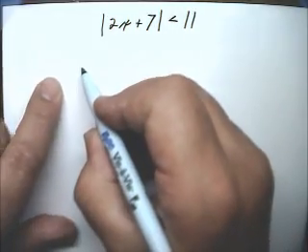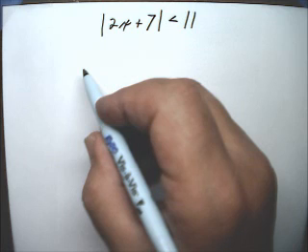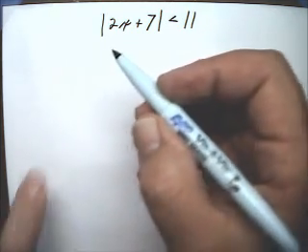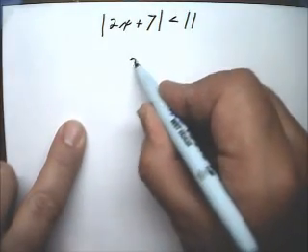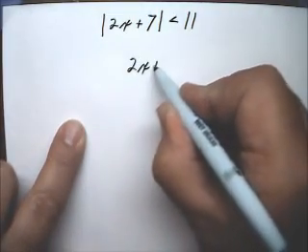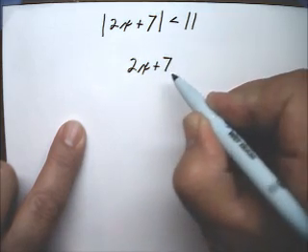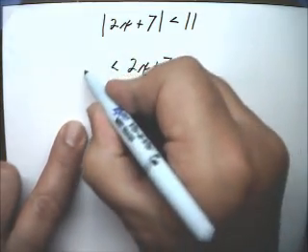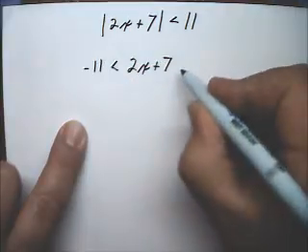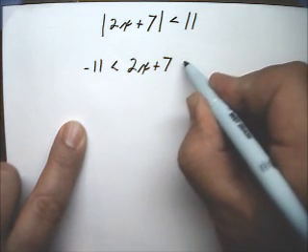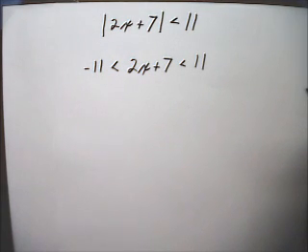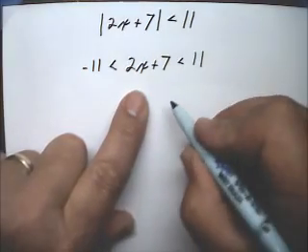And we'll have the AND compound inequality written like this: 2x plus 7 in the middle, and we'll have a negative 11 down here, and over here we will have a positive 11. And then we'll solve this the way we solved compound inequalities.